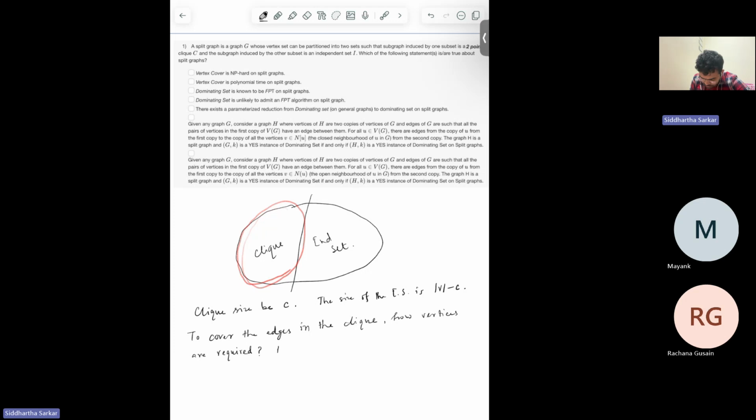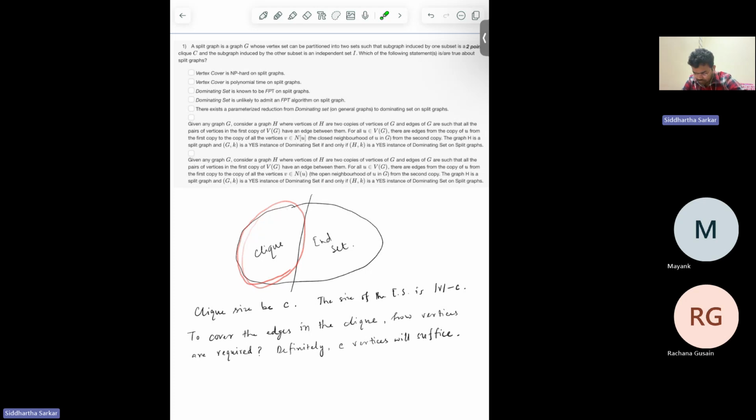So c vertices will suffice. If you take all the vertices of the clique, then definitely all the edges in the clique get covered.